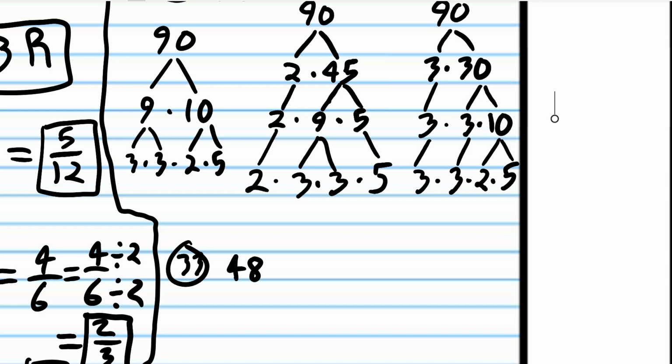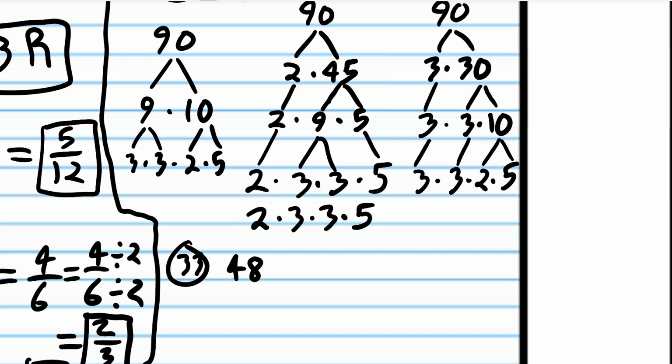All right, now it's traditional to write the final factorization with the smallest number first, and just order them from least to greatest. So that's our answer: 2 times 3 times 3 times 5.